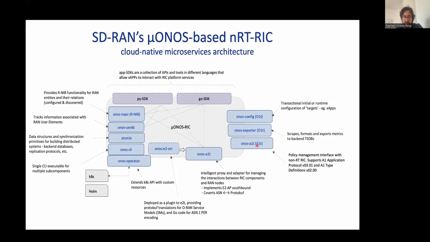What this component does is basically translate this REST interface to internal gRPC structures that can be forwarded to the XApps and consumed as policy services, enrichment information services, and maybe in the future machine learning models.